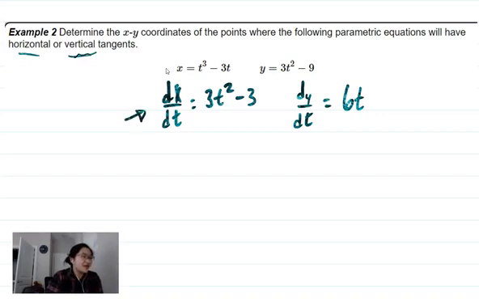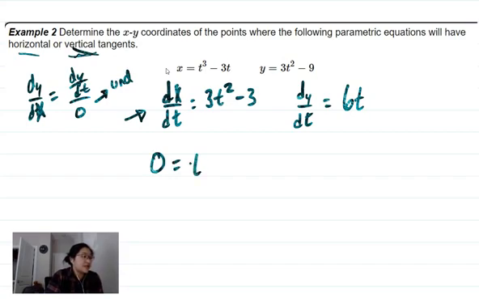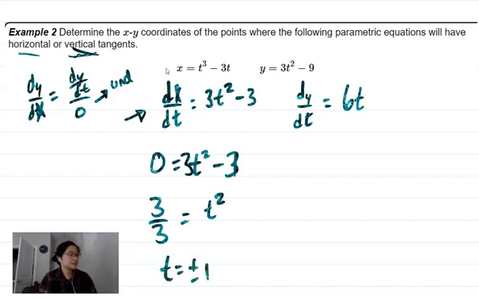That's when our dx/dt is 0, so that dy/dx is going to be dy/dt over 0, which is undefined, and that gives us a vertical tangent. So just set that equal to 0, and what t's does that happen for? Move the 3 over, divide by 3, so we get 1 equals t squared, so t is plus or minus 1.